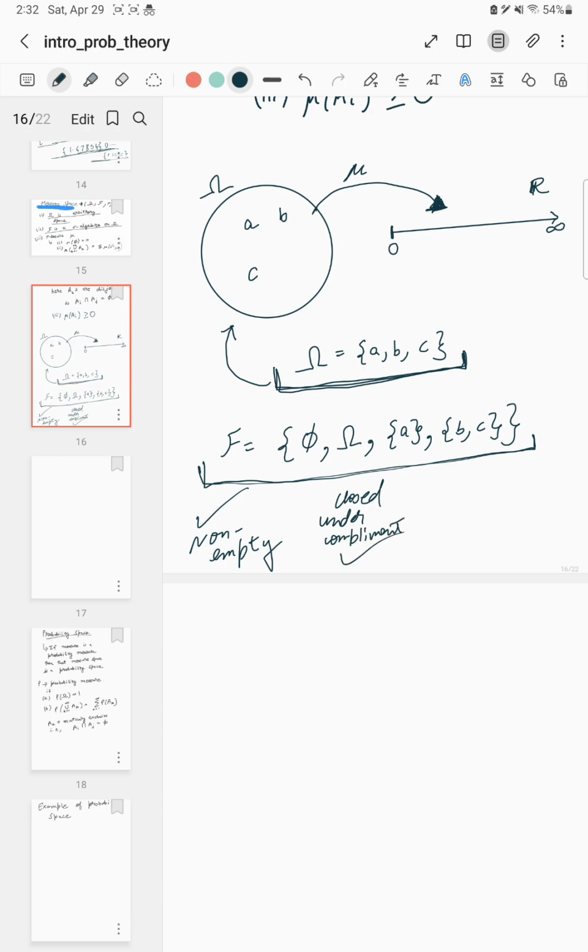Now is it closed under countable union? You can manually try that out and you would find that the union of any of these sets is also present in F. Let's say for example the union of A with phi is the set A and it is present in F. Similarly you can see that the union of A with BC is omega itself, which is present in F. So it is also closed under countable union.